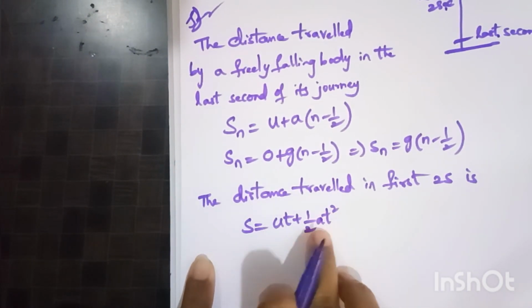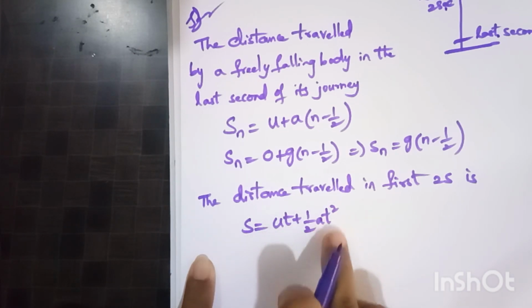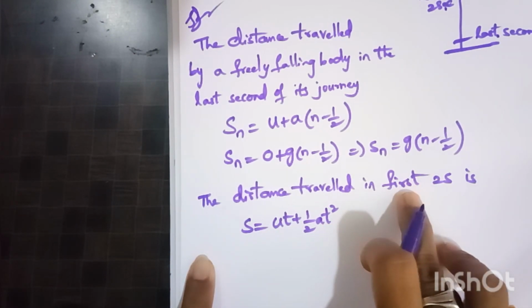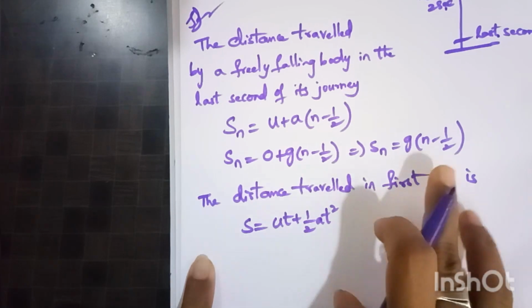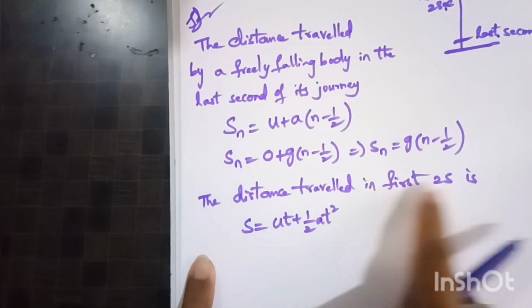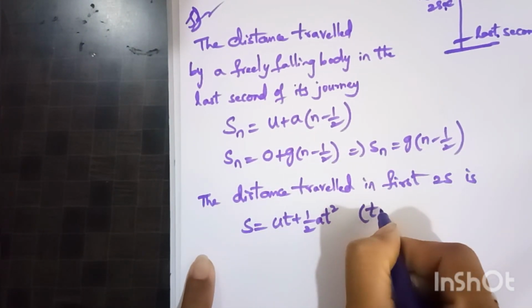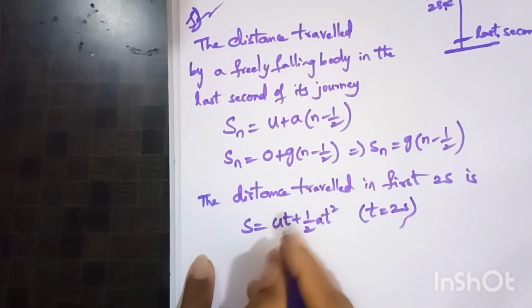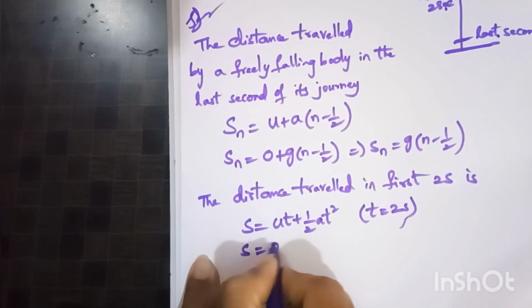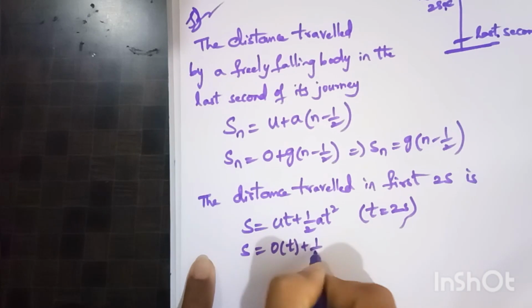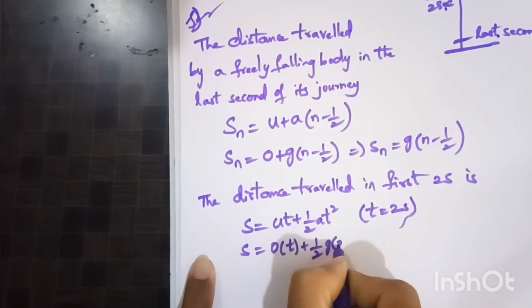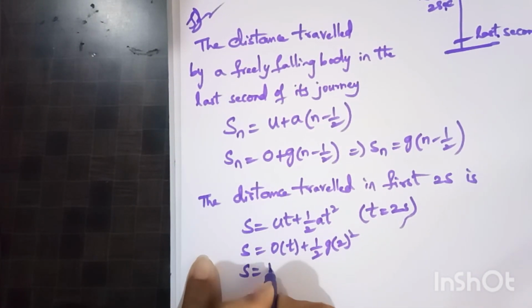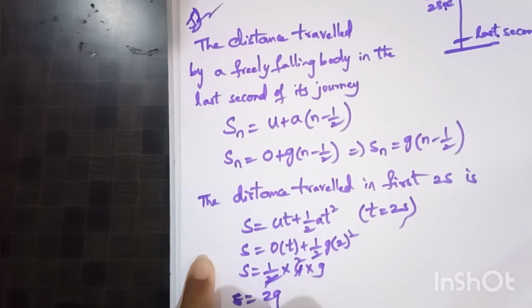Why am I taking s equals ut plus half at square? Because they said first 2 seconds, they did not say first second. First 2 seconds means t is 2 seconds. Substituting, s equals 0 into t plus half g, t is 2 square. s equals half, 2 square is 4, 4 into g, 2 ones are 2, so s is 2g here.